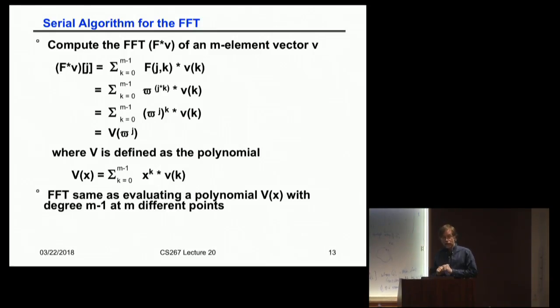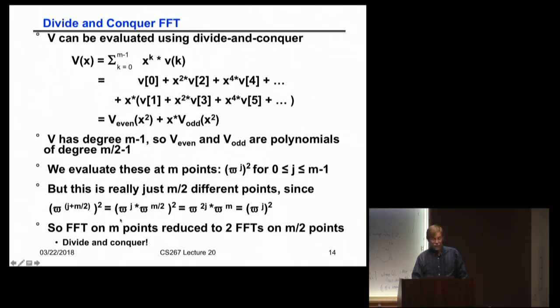So what I need to do is figure out how to change this problem of size m into two problems of size m over 2. And that's how I'm going to do the divide and conquer. So here's the trick. Here's that polynomial again. I need to change this into two polynomials of half the degree. That's very easy.